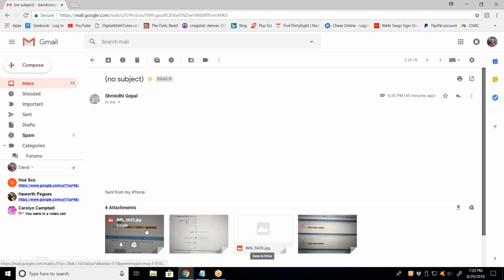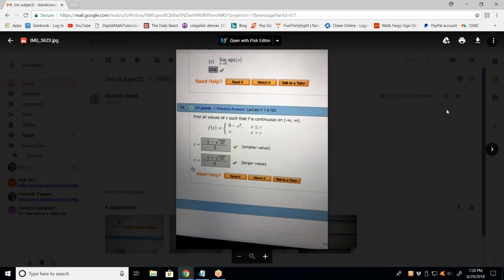Starting with the first one. Find all values of c such that f is continuous on that interval. Well, what you usually have to do on problems like this, if you're trying to force continuity, is that at c, this function has to be the same as the bottom one.